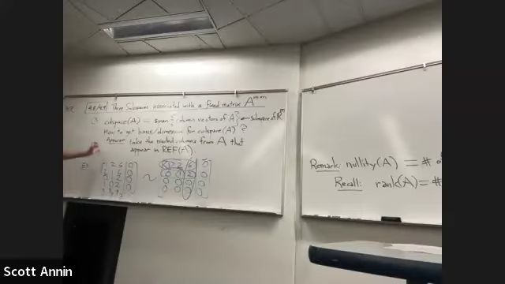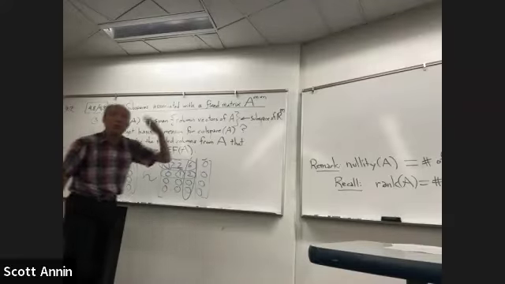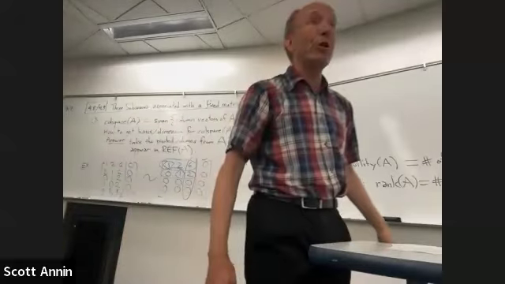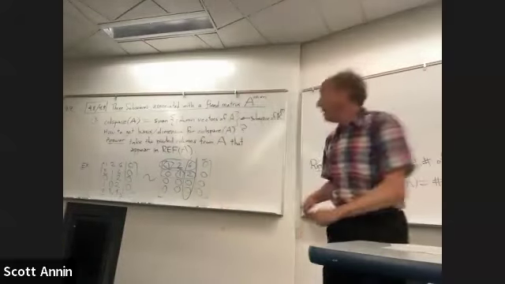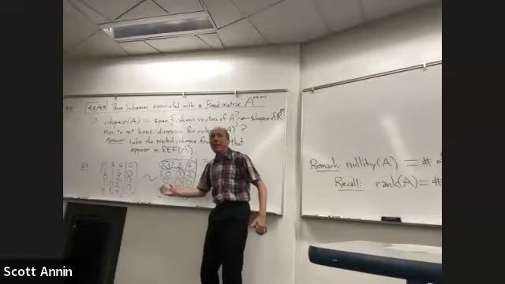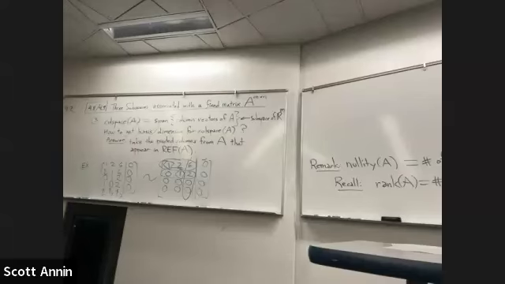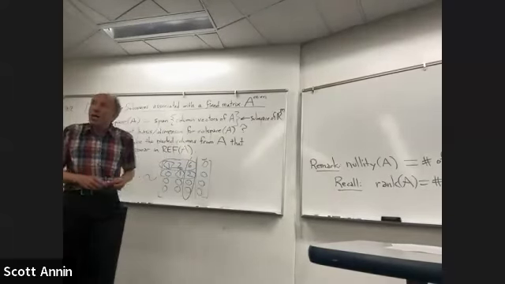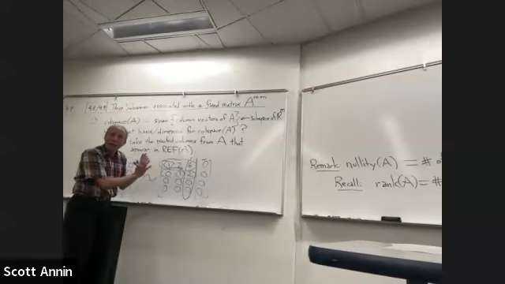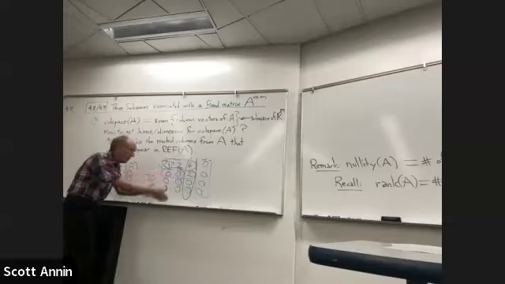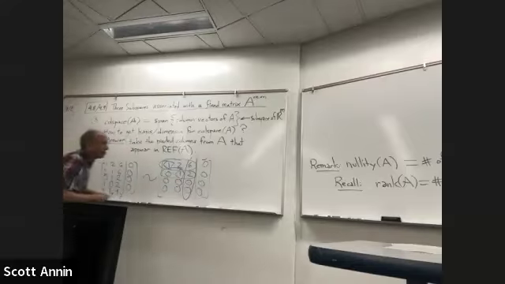As long as you're writing down columns of your original matrix, you are definitely in safe territory, right? It's when you go to the row echelon form of A that the columns have been banged around a little bit. While you were doing those EROs, you're gonna change the span of those columns and you don't want to be working with the wrong matrix. So you take these pivoted columns and you go back to the original matrix.